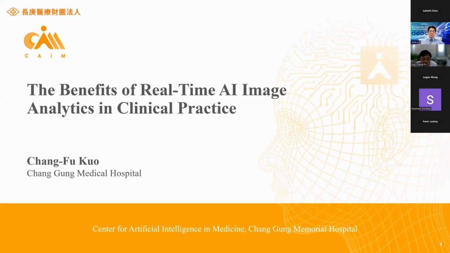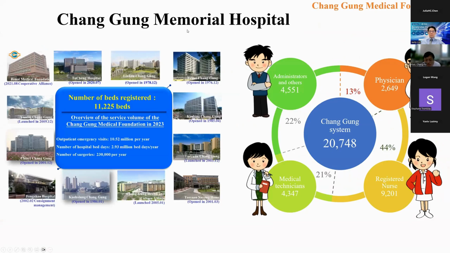Today I would like to share with you medical real-time analytics in clinical practice. Chang Gung Memorial Hospital is a very big medical system, and we have millions of outpatient services in a year, and over 20,000 staff in the hospital.